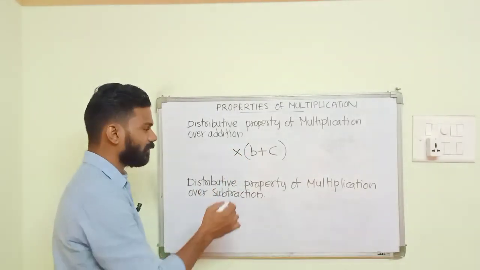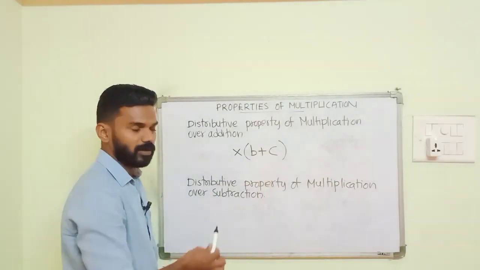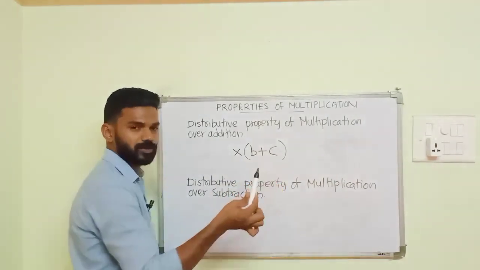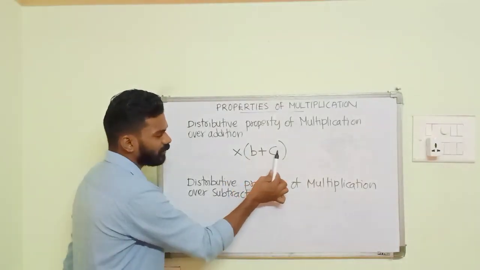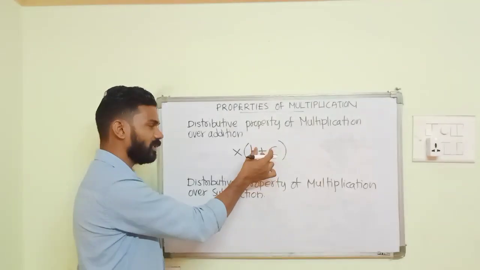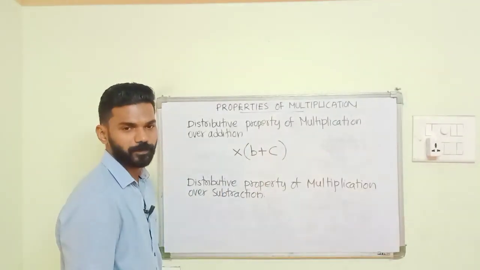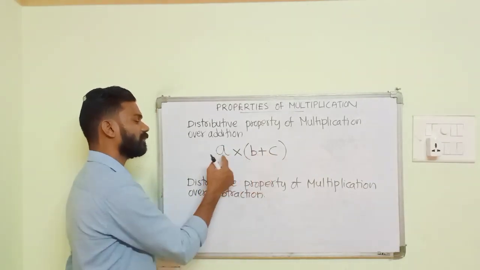We are not multiplying b only, or c only, but instead we are multiplying the total answer b plus c, and we are going to multiply this total answer with a.